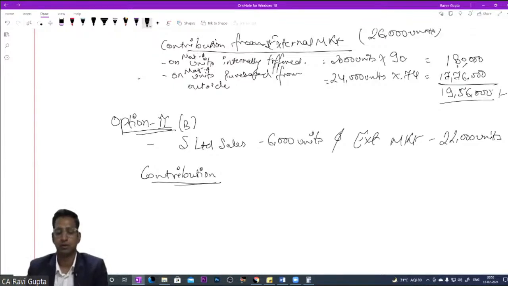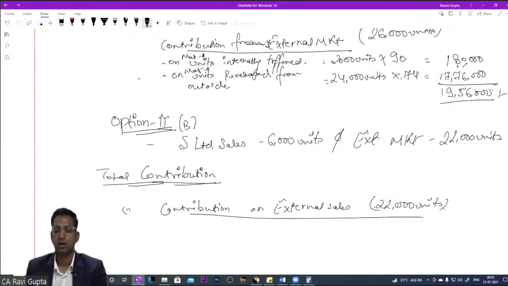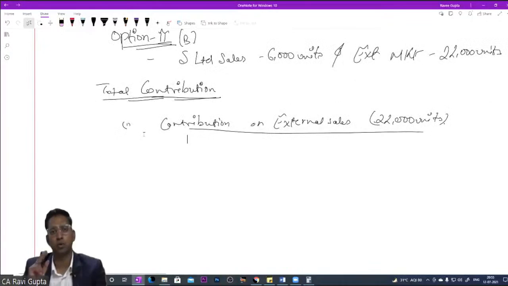Now the total contribution statement we are preparing. First, contribution on external sales, that is 22,000 units. We have internally transferred 2,000 units, so we can consider it either in the external sales or in the S Limited sales. Anywhere we can consider, but we have to take the effect of 2,000 units only.